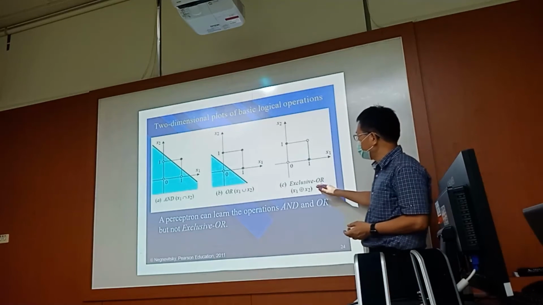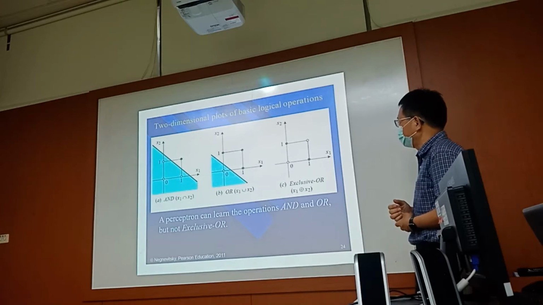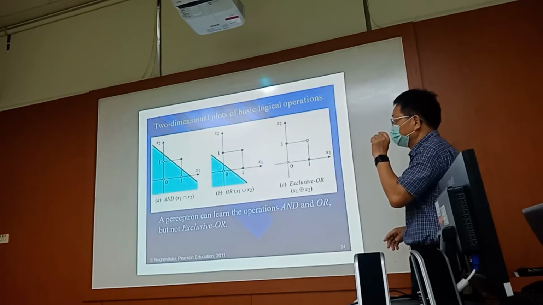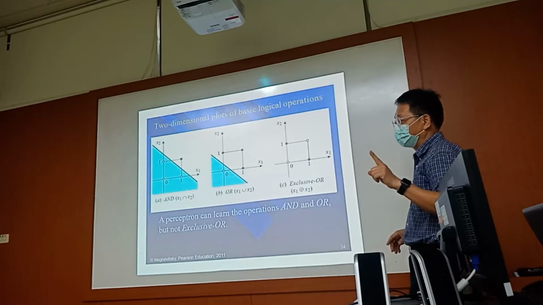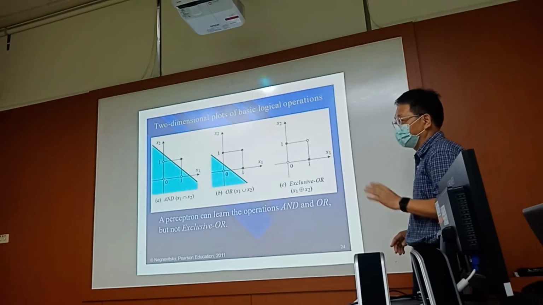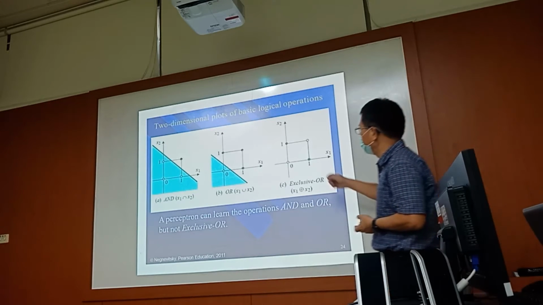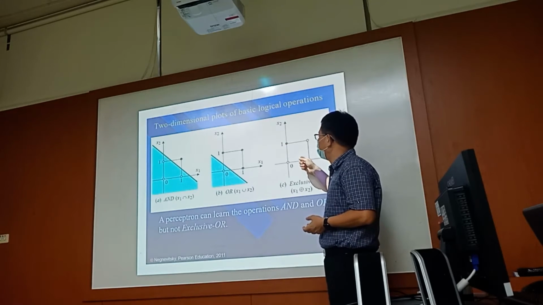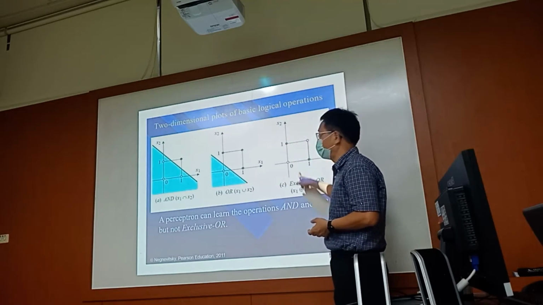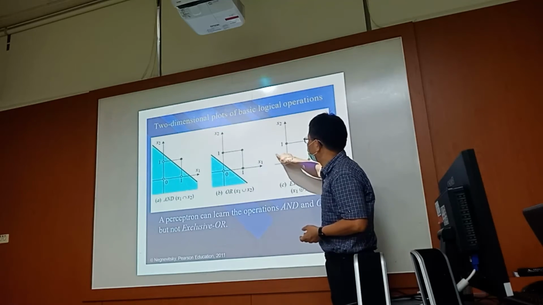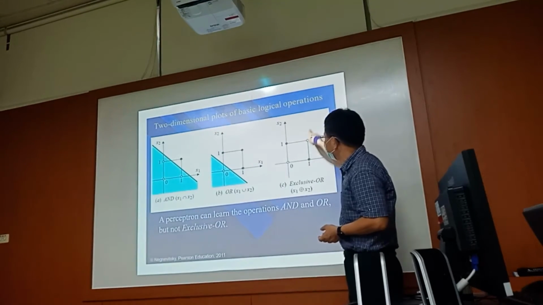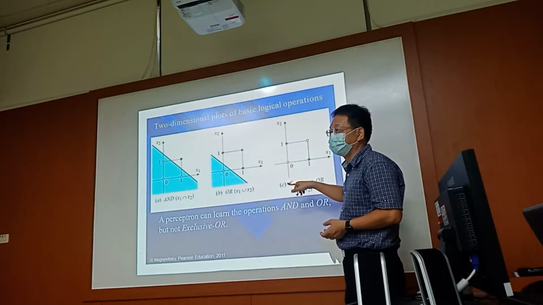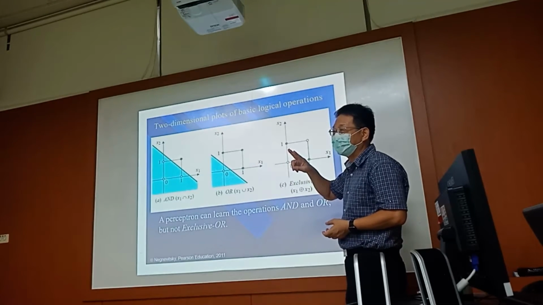But the XOR is a problem, because only when one input is 1 and the other is 0 is there an output. So the output 1 is for these two nodes. Because of these two nodes, we cannot find a straight line to separate it in any way. We need two lines.